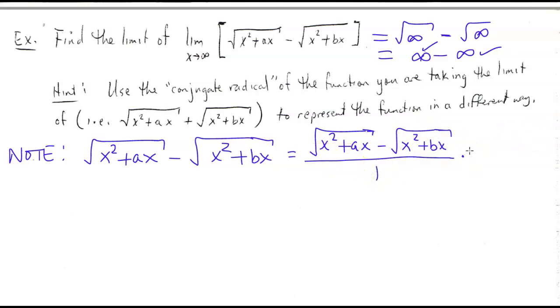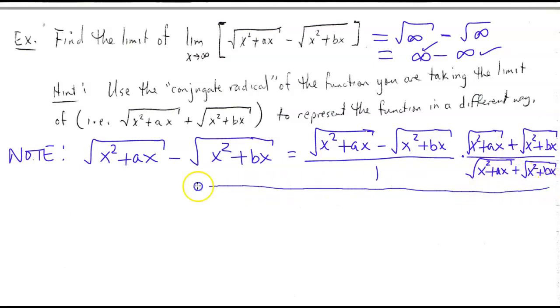But now we're going to multiply this times square root of x squared plus ax plus square root of x squared plus bx. And I'm going to do the same thing in the denominator. So we have that.